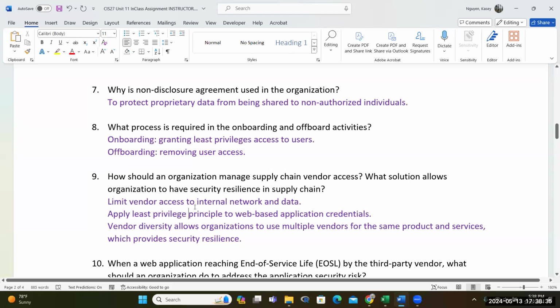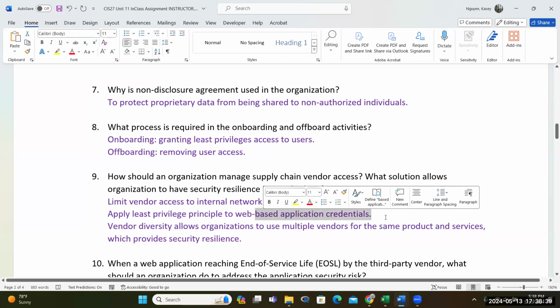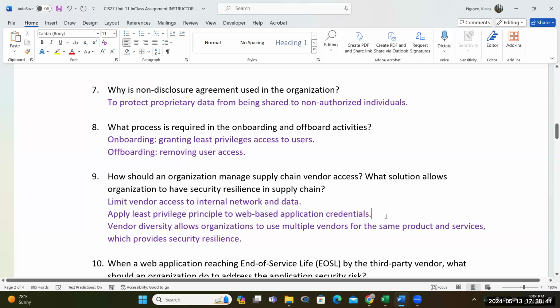Okay. So now, a lot of the times, they are connecting to our system through the web, right? Sometimes remote access, but a lot of the time through the web application. Most databases, you use a web app to be able to access the data. And so when you're using a lot of different vendors, even for the same product, because if you're looking at just toilet paper, right?